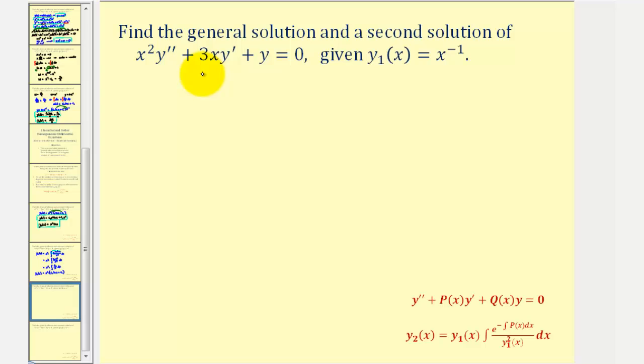The first thing we should notice is that the given differential equation is not in the correct form in order to use the shortcut formula. So we want the first term to be y double prime, so we'll start by dividing everything by x squared.